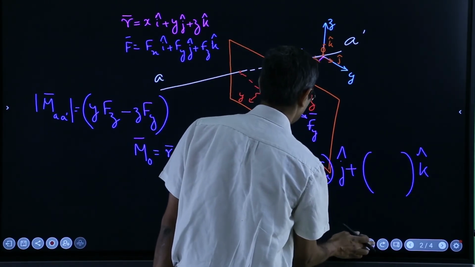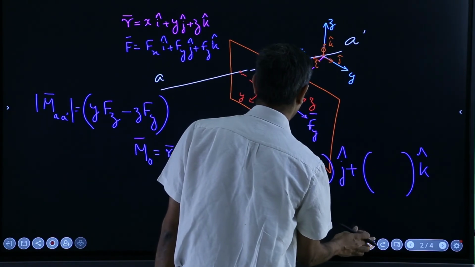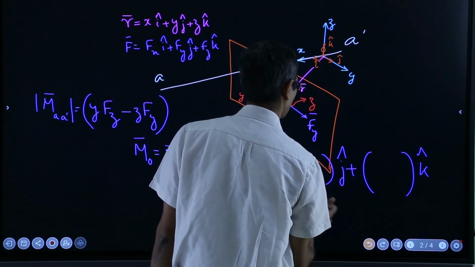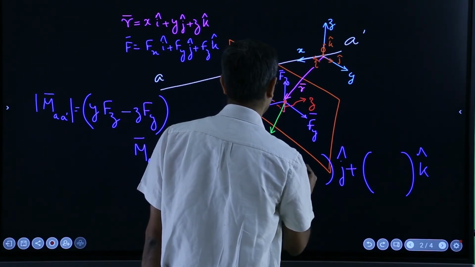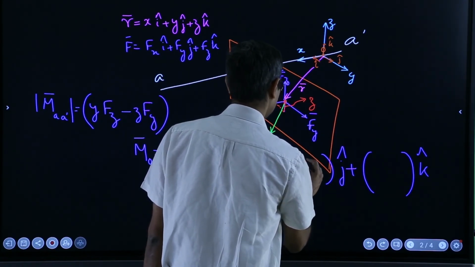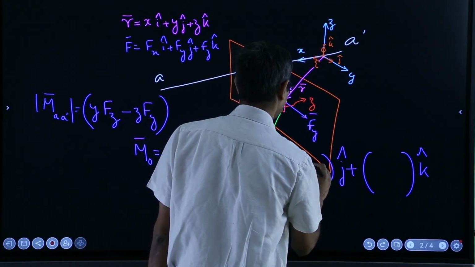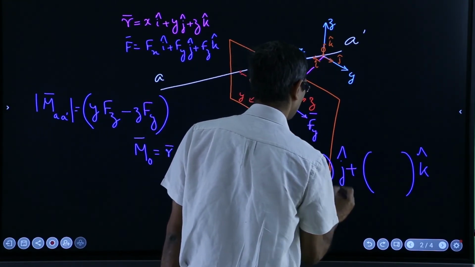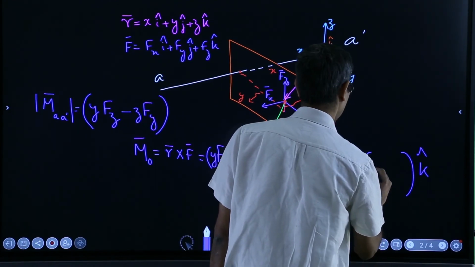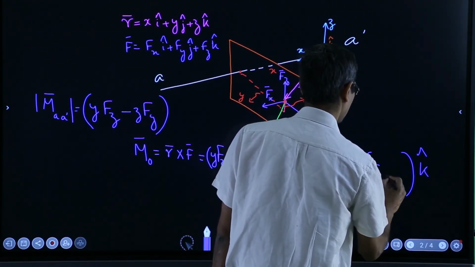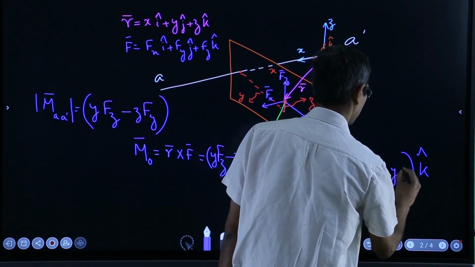I'll change it, okay. So it will be z fx minus x fz, and then here it should be x fy minus y fx.